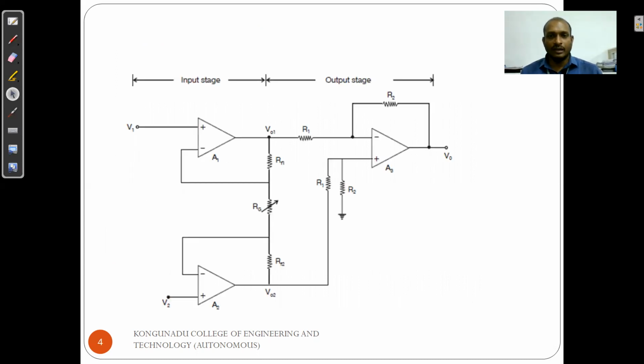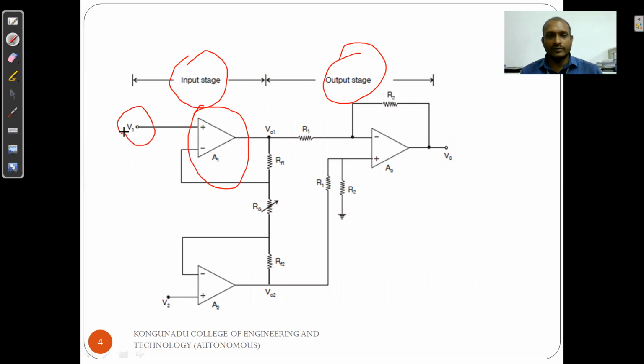So this is the diagram of the instrumentation amplifier. It has two stages, one is the input stage, one is the output stage. The input stage is made up of two non-inverting amplifiers. This is one non-inverting amplifier, that is A1. Input V1 is given to the non-inverting terminal. This is also a non-inverting amplifier, and input V2 is given to the positive terminal.